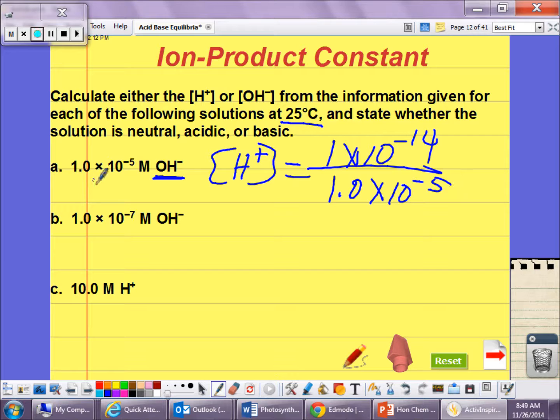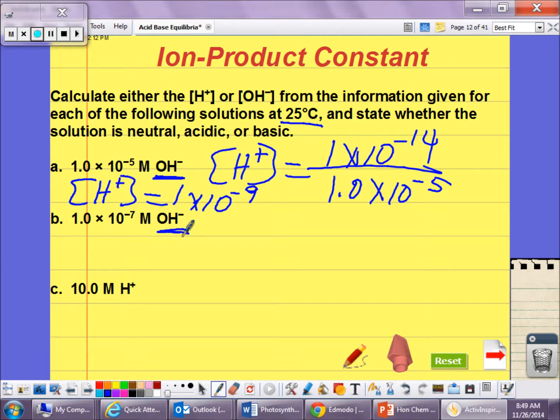Therefore, H plus concentration equals 1 times 10 to the negative 9. Now, let me ask you, which one is greater? The concentration of hydrogen or the concentration of hydroxide? Hydroxide is greater, therefore the solution is basic. It is basic.